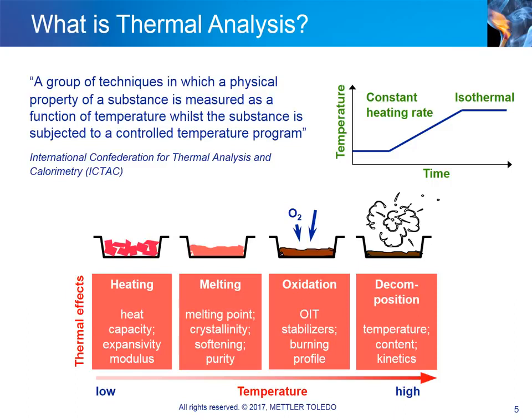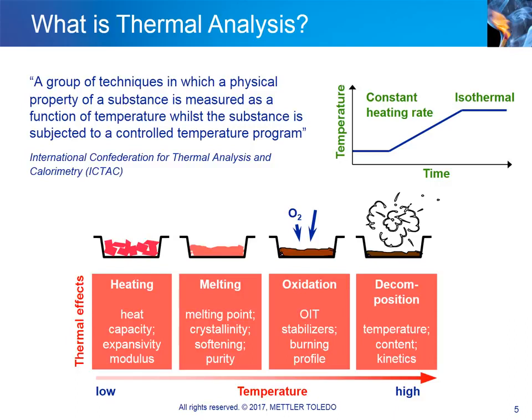The bottom part of the slide illustrates typical thermal events and processes that occur when a sample is heated. For example, the melting process, during which a sample transitions from a solid to liquid state, and oxidation, where a sample exposed to air or oxygen will start to oxidize and finally decompose.